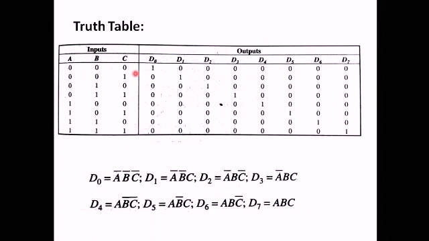In a 3 to 8 decoder, there are 3 inputs, namely A, B and C, and there are 8 outputs, namely D0, D1, D2, D3, D4, D5, D6 and D7.